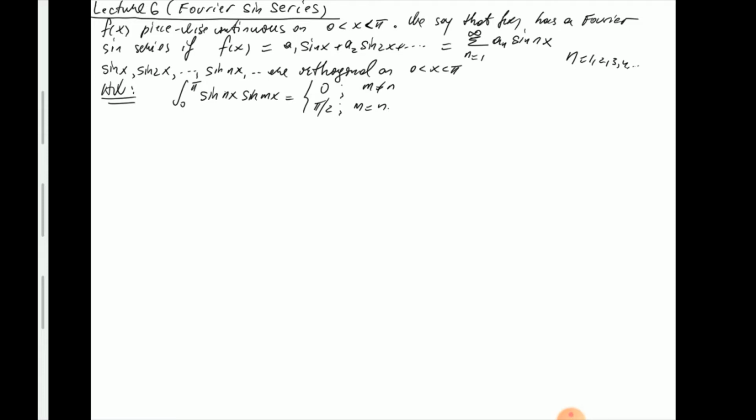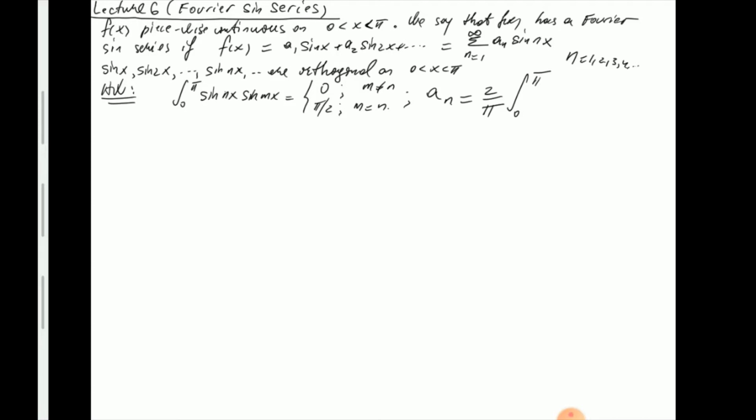And remember, because of this property, we are able to compute the formula for the coefficients. You multiply each summation by one of these sines. You fix one of these sine of nx, and when you integrate over 0 to pi, all terms will be 0 except the one that gives you an. And as it turns out, the formula for the coefficient is very similar.